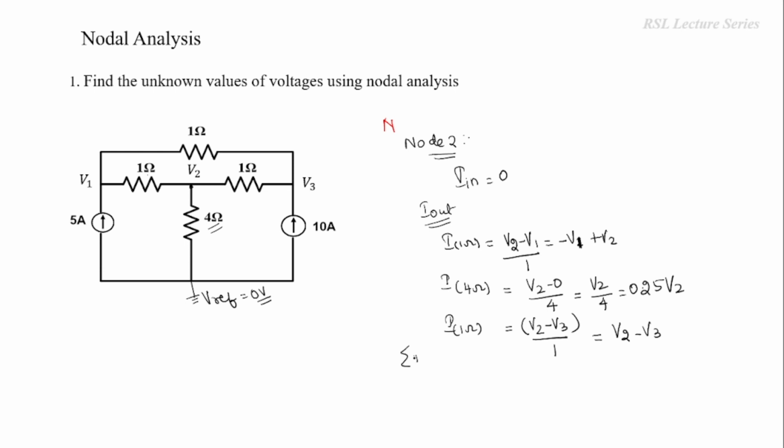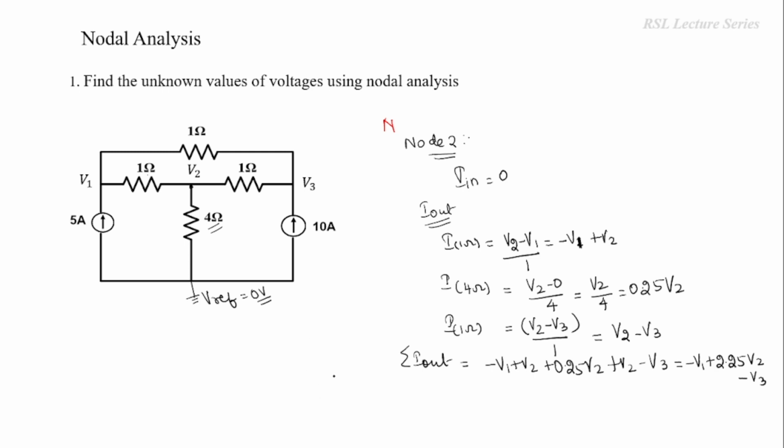Now we have to add all the outgoing currents. So minus V1 plus V2 plus 0.25 V2 plus V2 minus V3. On simplification, we will get minus V1 plus 2.25 V2 minus V3. So this is the sum of the outgoing currents.